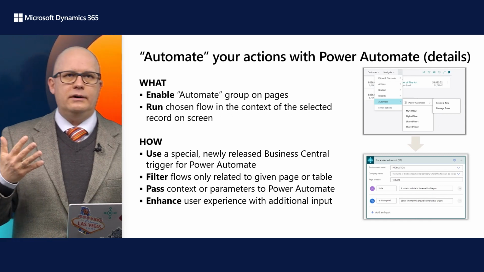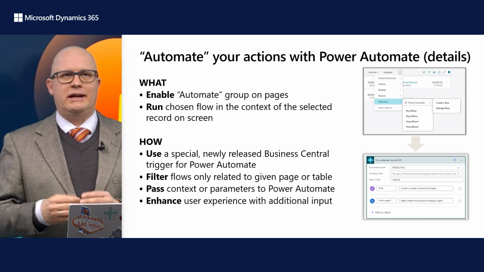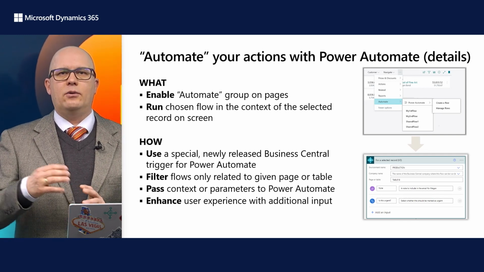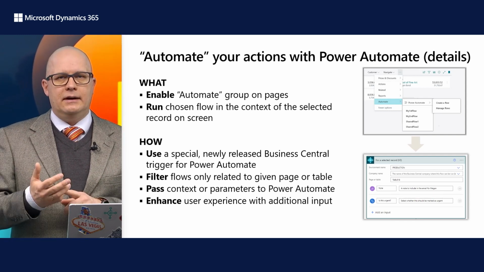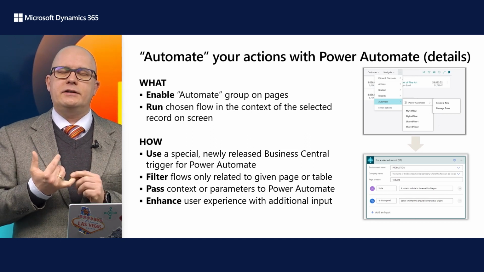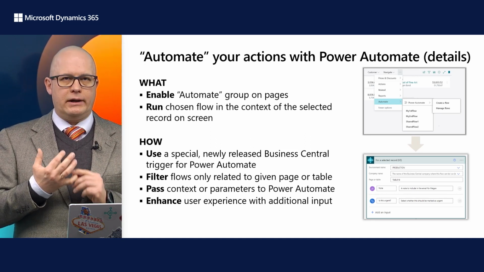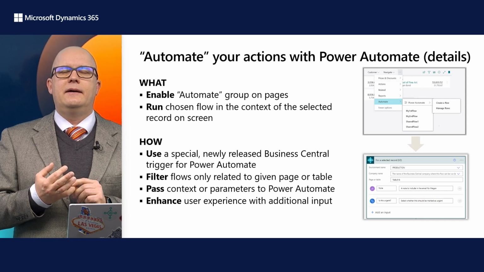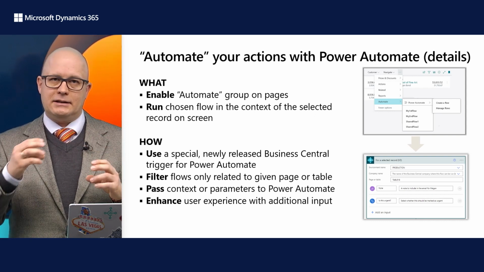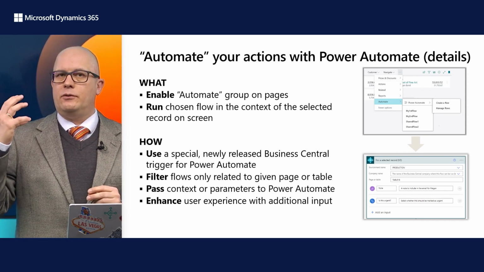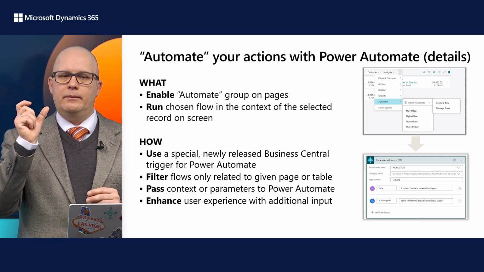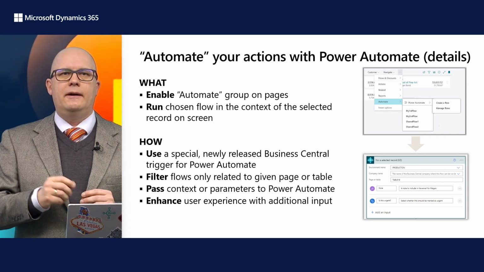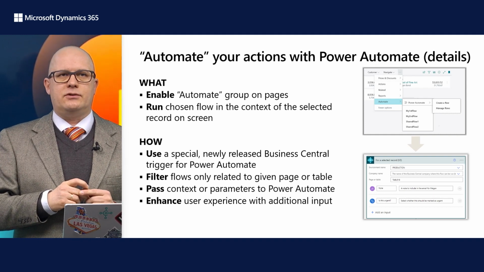There are four important components to how this system actually works. First of all, it is using a special new trigger in Power Automate. A trigger is a component that starts the flow. So when you are building your flow, you will start by using this new trigger for Business Central.